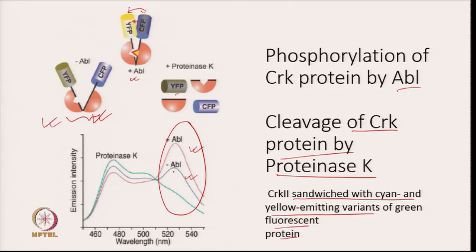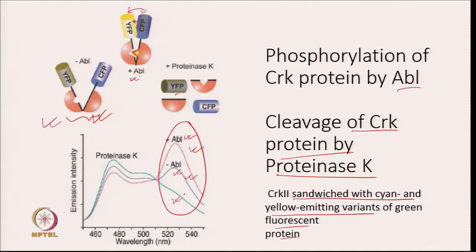And that is what you are looking at here. If the protein is alone, this is your fluorescence intensity. When the spectrum is taken in the presence of ABL, phosphorylation happens and the protein comes into a conformation in which YFP and CFP are close. In that case, your fluorescence increases, but when you cut with proteinase K, they go far apart and so fluorescence intensity decreases.